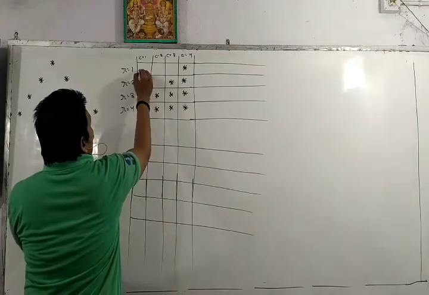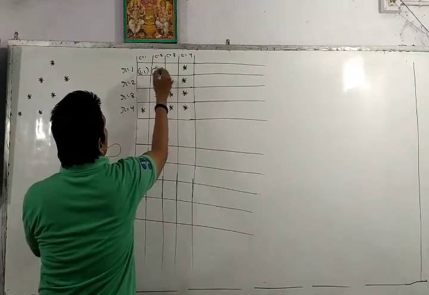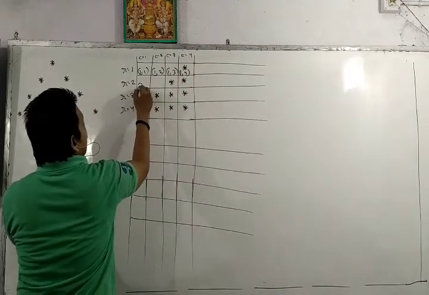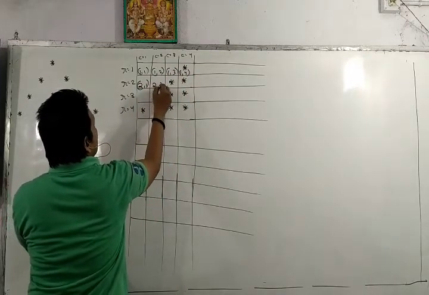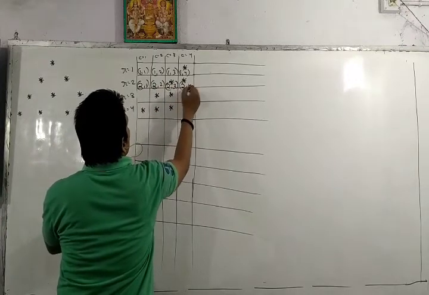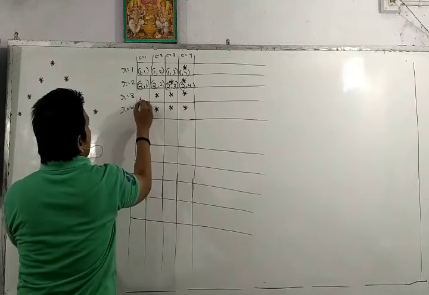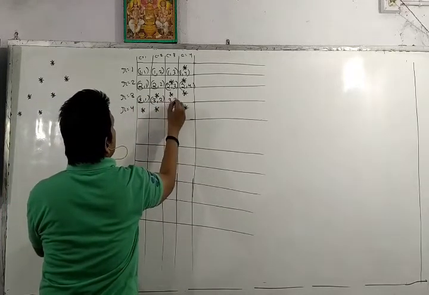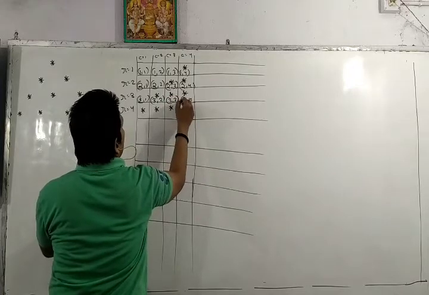Now the first location is 1 1, then 1 2, 1 3, 1 4. Here the locations are 2 1, 2 2, 2 3, 2 4. Here 3 1, 3 2, 3 3, 3 4.